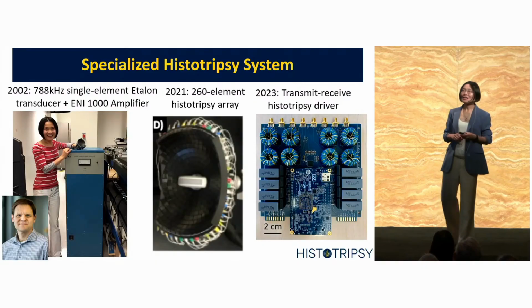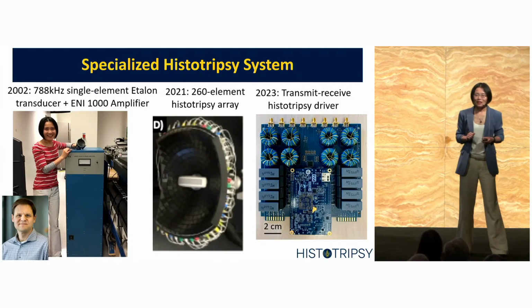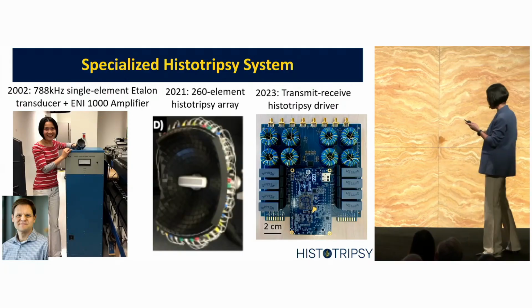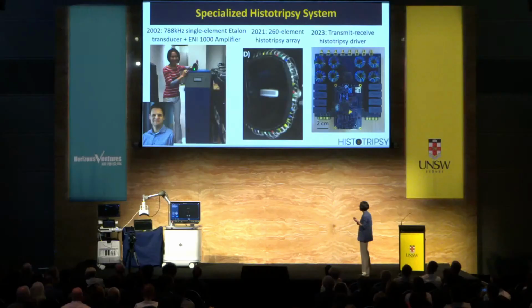However, after that, within about a month or so, and I want to actually, before that, I should show that this is the equipment I actually used back then to generate the first histotripsy experiment. You can see this is a transducer from 2002, and that was a single element 788 kilohertz transducer, and it's run by this amplifier.